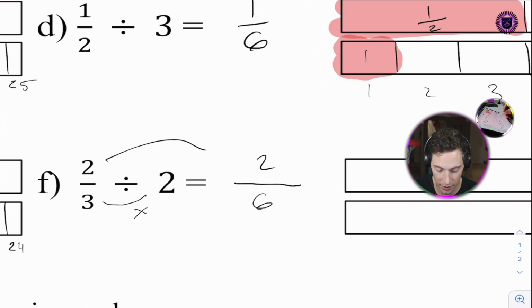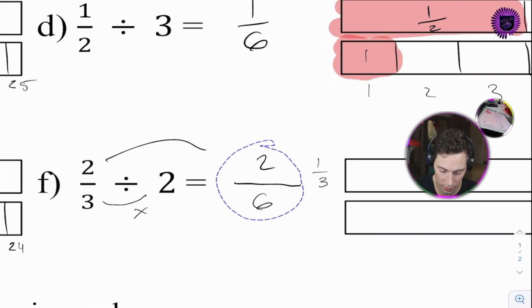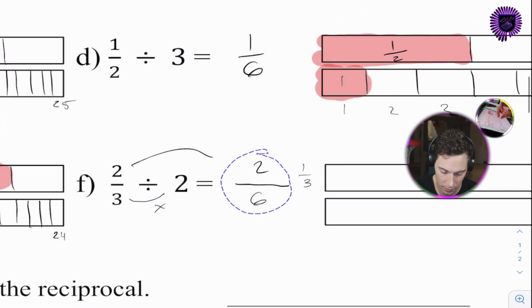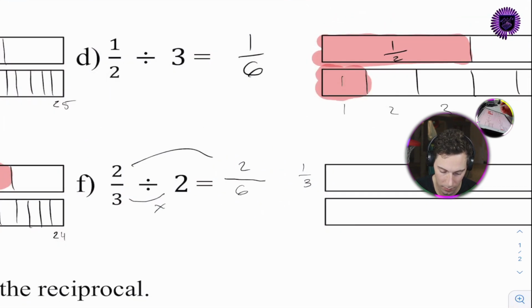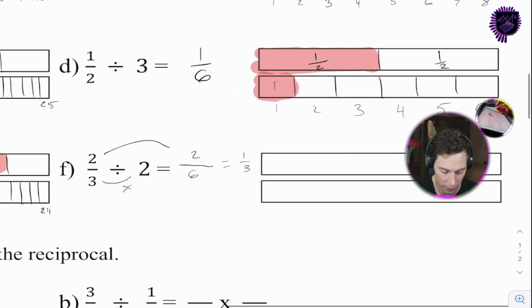We can actually simplify that to 1/3. 2/6, which is 1/3.